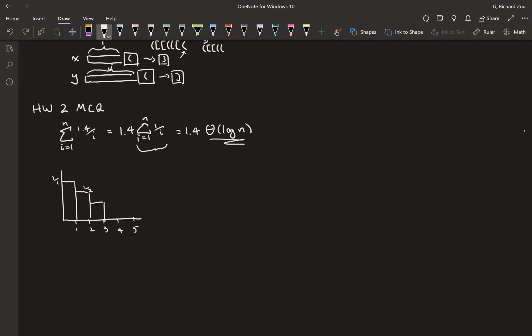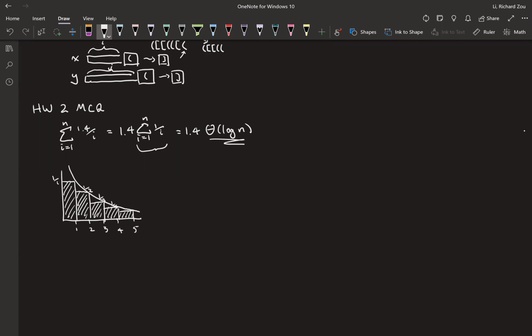This here has height 1 over 3, and so on. If we draw the integral like this, we can show that what the summation is doing is summing up these rectangles.